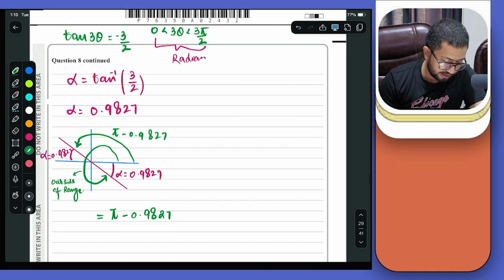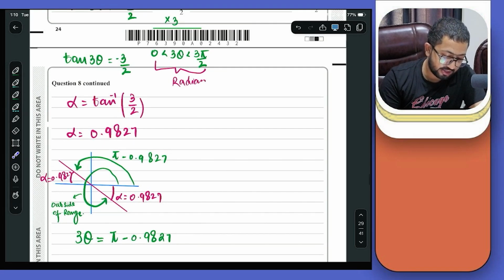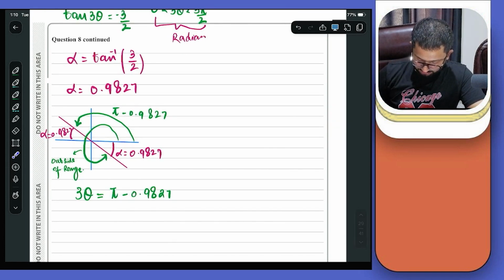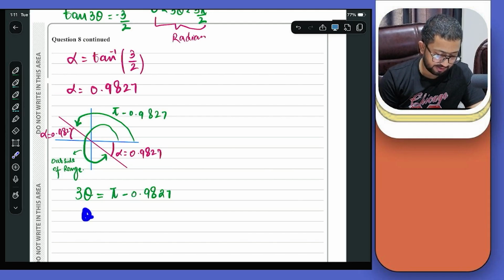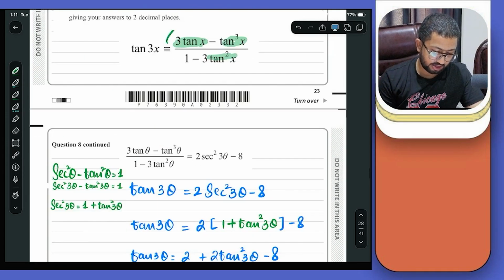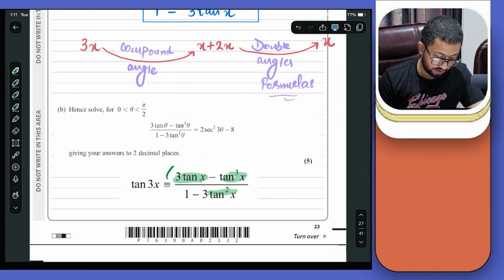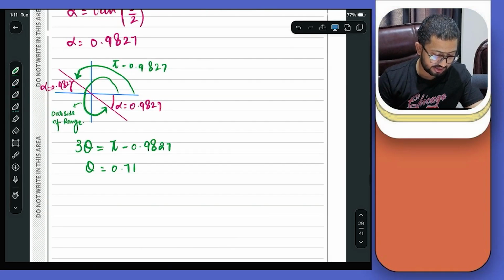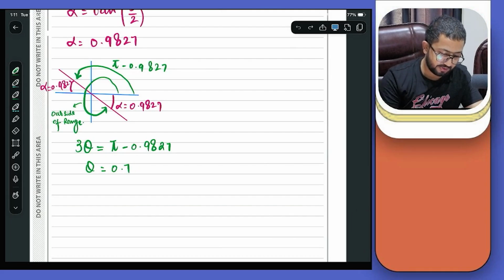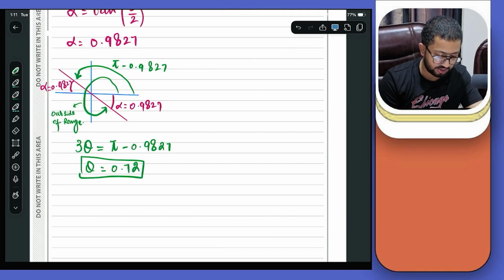Please remember, that is not the answer of theta, that is the answer of 3 theta, because our range is in 3 theta form. Just divide by 3. So the answer will become 0.71. How many significant figures? I want to write it to two decimal places. So two decimal places would be 0.72 actually.